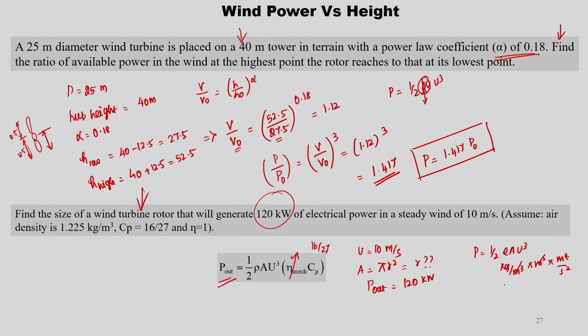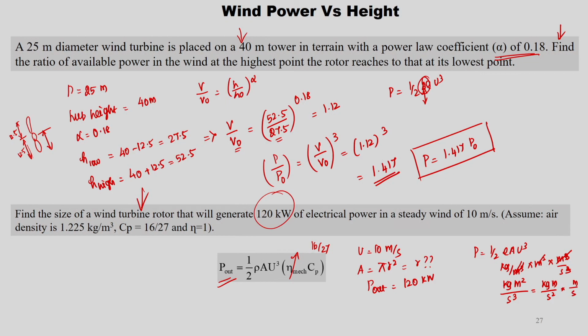So, what you get is kg meter to the power of 5 upon meter cube second cube. So, the cubes get cancelled. So, kg meter squared upon second cube. That means kg meter per second squared into meter per second.